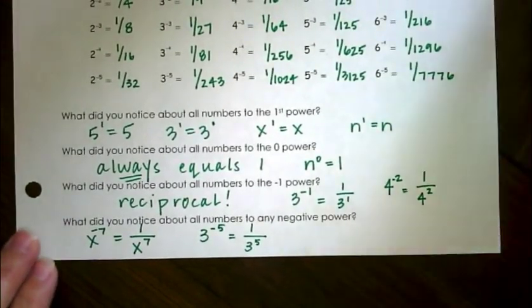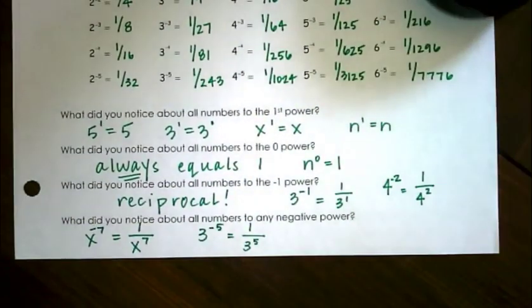Now, to look at the questions at the bottom, this is what is most important, that you understand these key concepts. So the first thing is that anytime we had something to the first power, it was always that number. All right, hopefully you noticed that when we had something to the 0 power, it was always equal to 1.